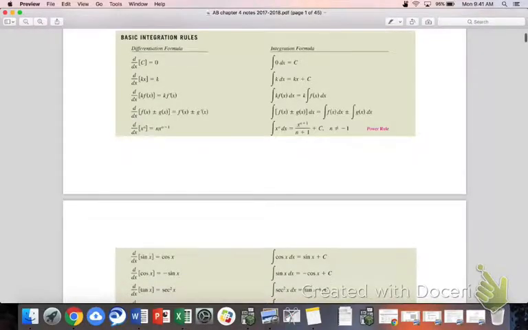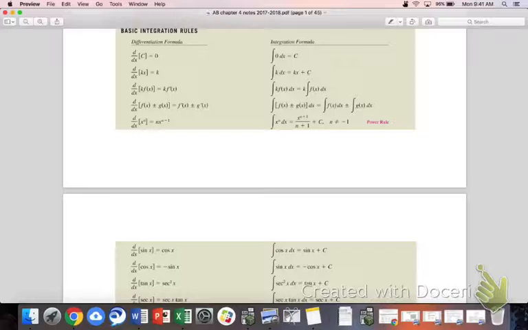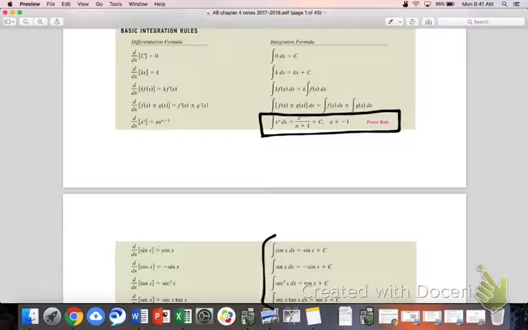As far as which ones are commonly used, they'll certainly all be used. This one right here, the power rule for integrals, will be used repeatedly over and over and over. Although not everything is a power rule, it will be used a lot, definitely. And then all of your trig stuff down here, that'll be used very, very frequently as well.